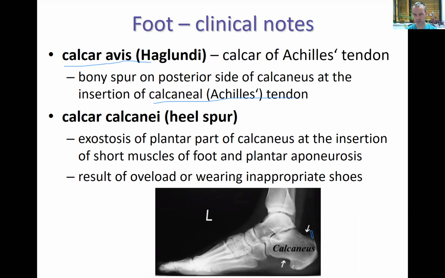Or it can appear here in this area, then it's called the heel spur or calcar, and it's usually in the insertion of the short muscles of the foot or plantar aponeurosis. The plantar aponeurosis is in the more inferior position. It usually appears with overweight or when wearing inappropriate shoes.